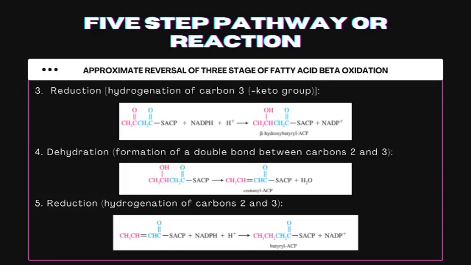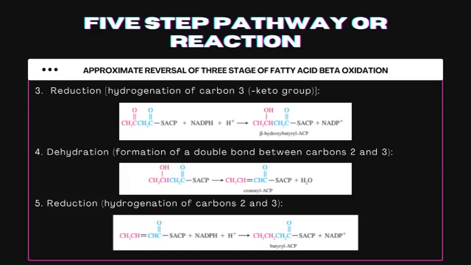Step 4. Dehydration. Formation of the double bond between carbon 2 and 3. Dehydration that happens between the alpha and the beta carbons. Reaction 4, in the beta oxidation of the fatty acid, catalyzed by the beta-hydroxyacyl ACP dehydrase.